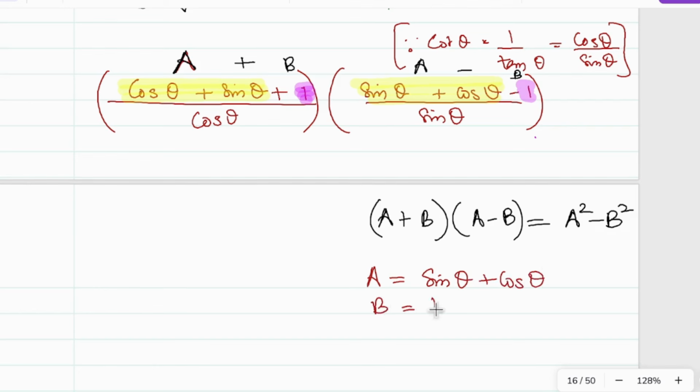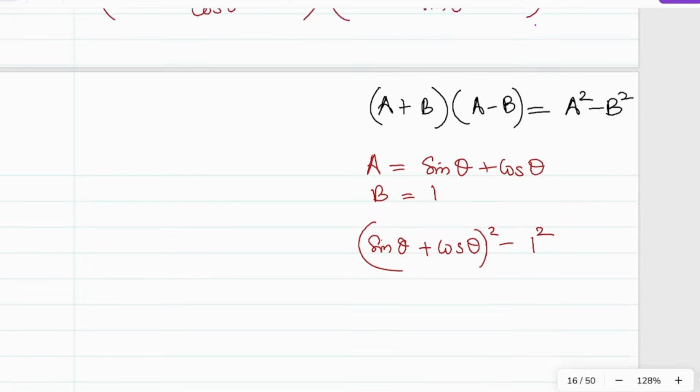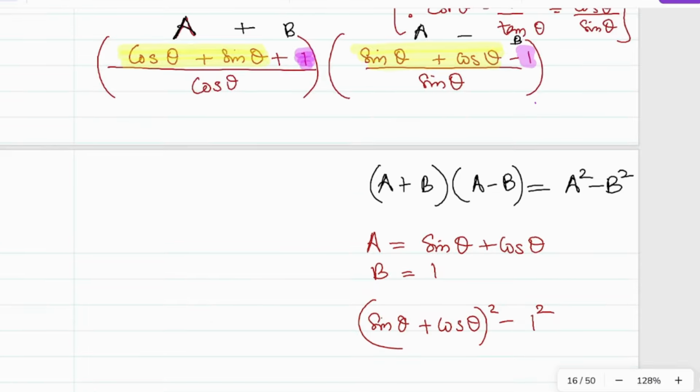And B is equal to 1. So what is A square minus B square? Substituting these values, I can rewrite that as (sin θ plus cos θ) whole square minus 1 square, right?